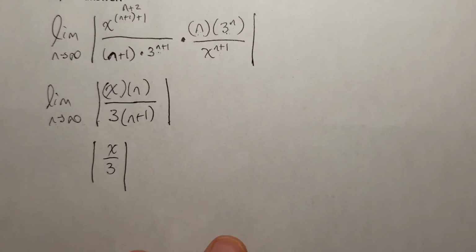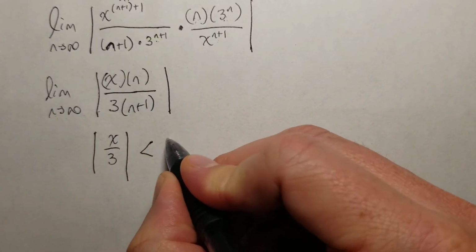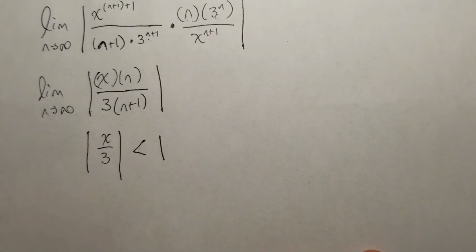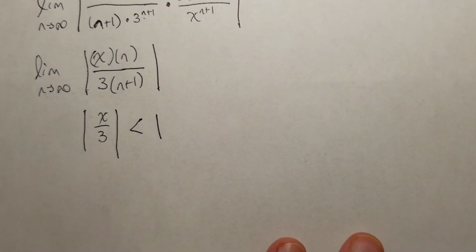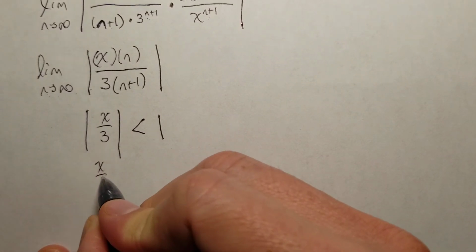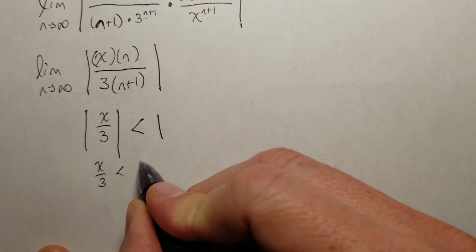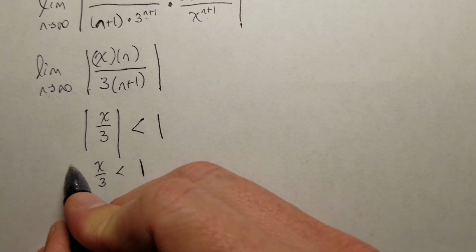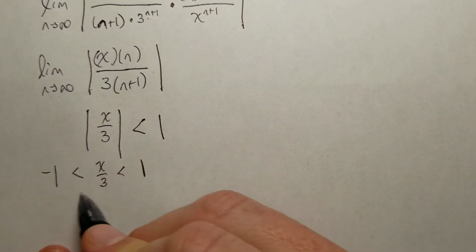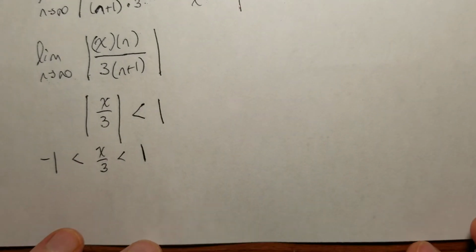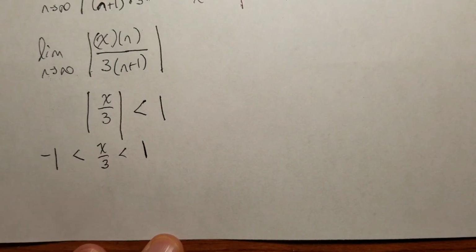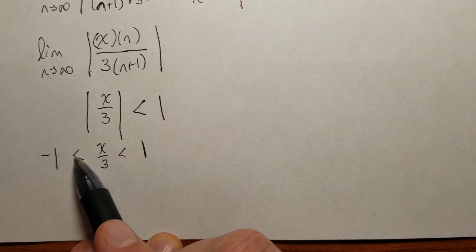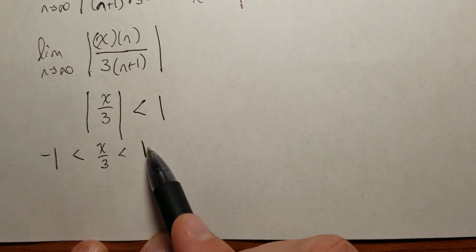And the ratio test will converge when this value is going to be less than 1. So I like to take care of the absolute value. So we can say that what's inside the absolute value will be less than the positive version of that, but also greater than the negative version. So we'll end up with an extended inequality of negative 1 is less than x over 3, which is less than 1.